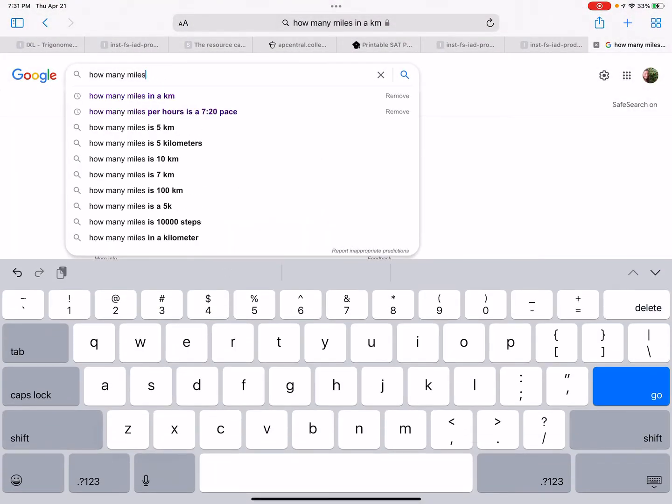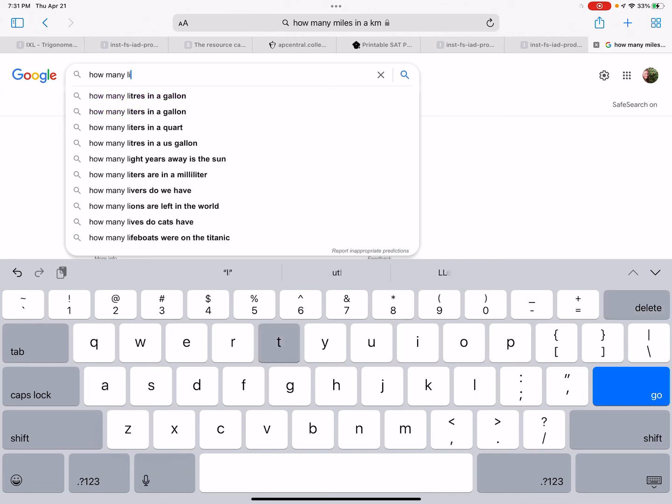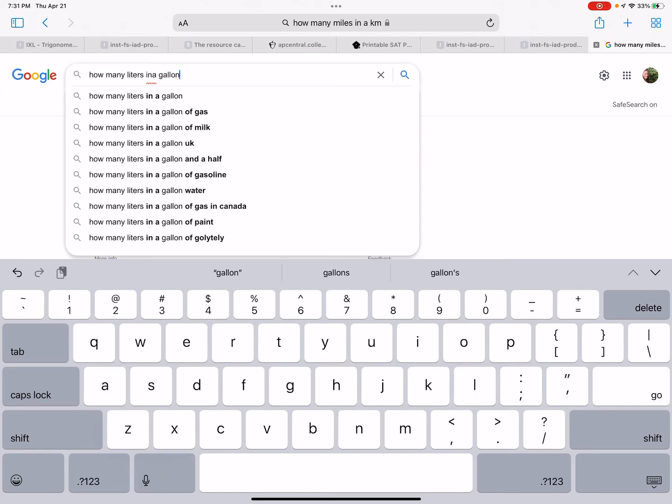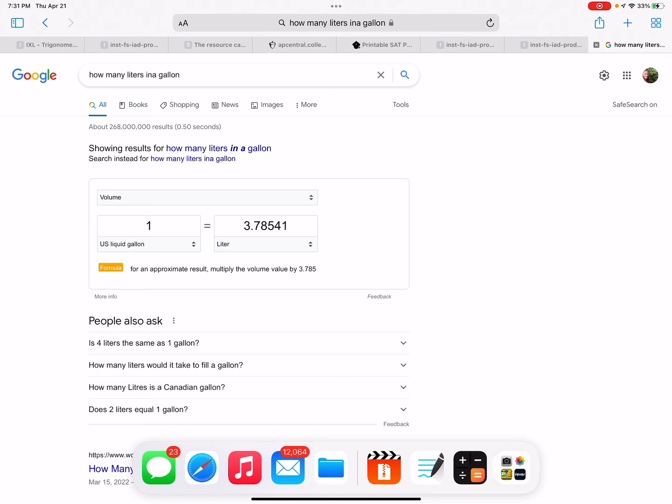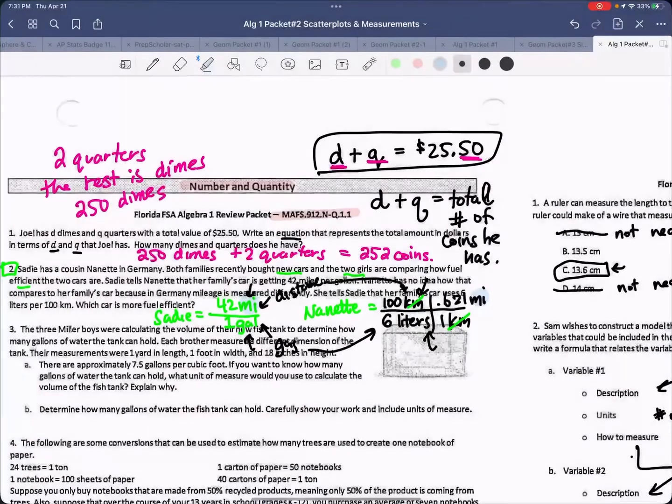How many liters in a gallon? All right, liters again. 1 gallon is 3.785 liters.